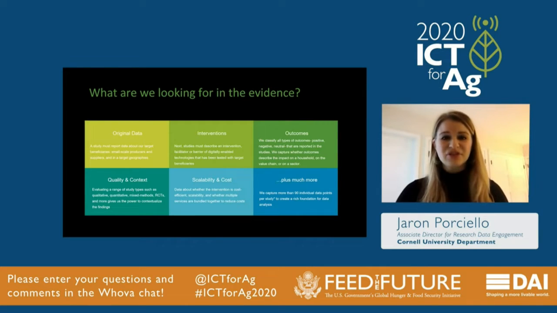So studies must describe an intervention, a facilitator, or a barrier of digitally enabled technologies that have been tested with the target population. Then we try to draw context around quality and context of the work, scalability and cost of the proposed interventions. And overall, we collect 90 different data points per study that we can then use in our analysis.